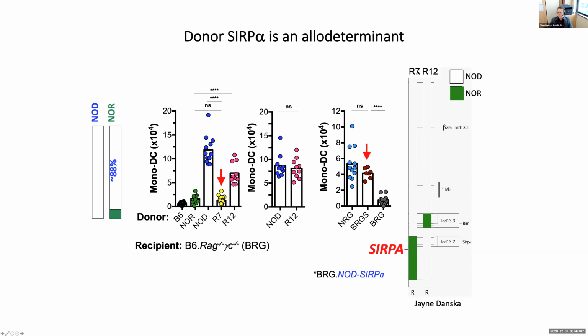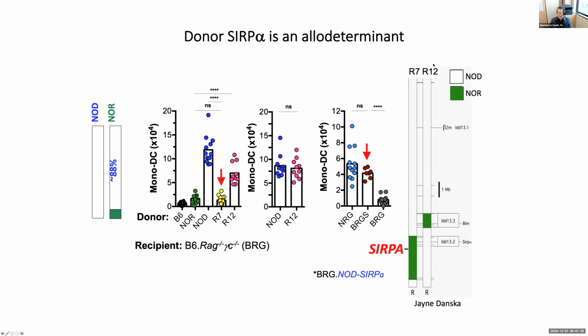And the two congenic mice I would like to highlight are the R7 mouse and the R12 mouse. The R7 mouse is a NOD mouse that contains a segment of NOR, and this is all within the Idd13 segment. And within that segment is the SIRP alpha gene.